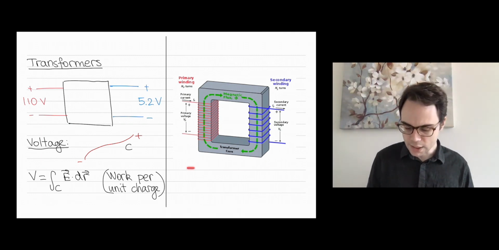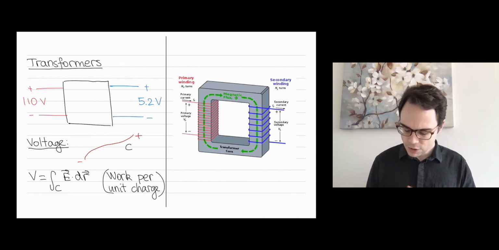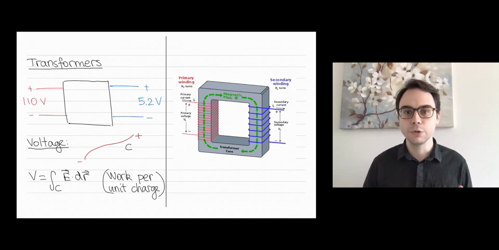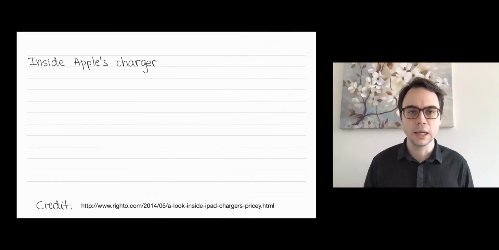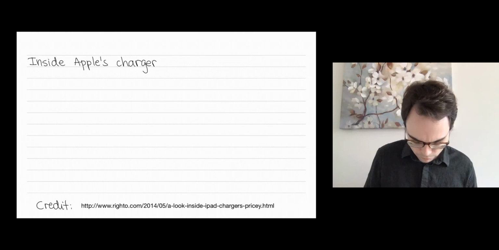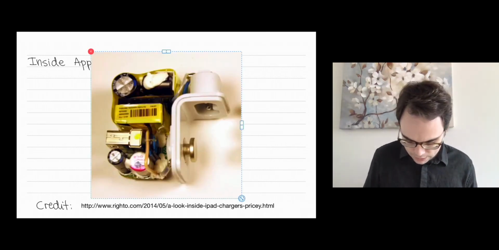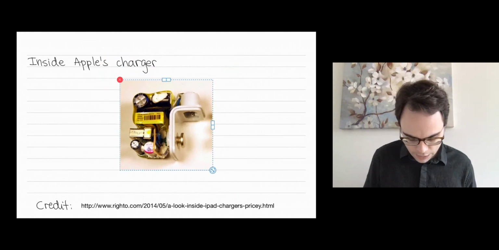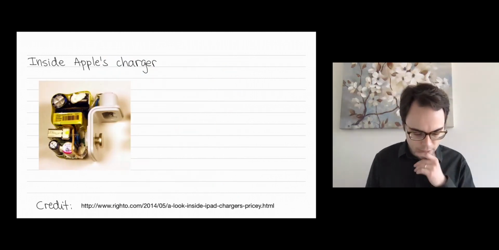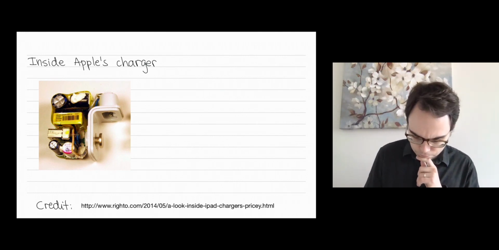Before we examine this picture in more detail, let me just say a few words and show you a few pictures about what's going on inside Apple's charger. Here are a few pictures that I took from the website you can see below. This is Apple's charger opened up, and the transformer is this yellow piece over here, right?